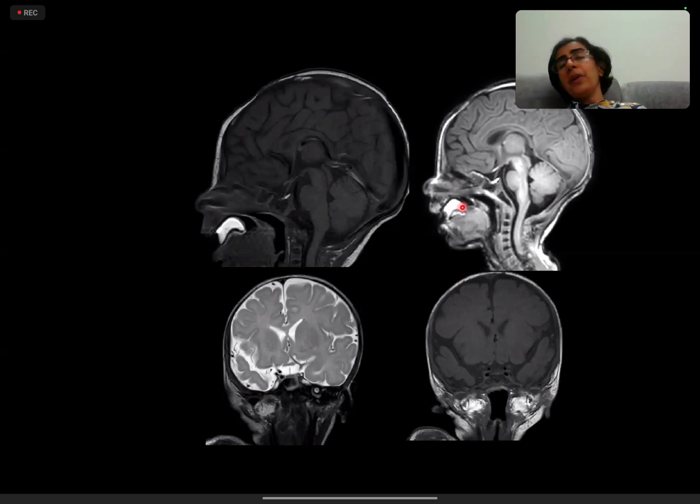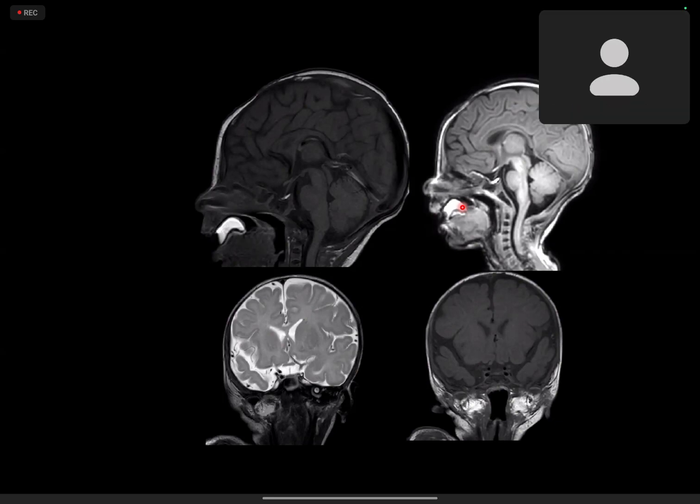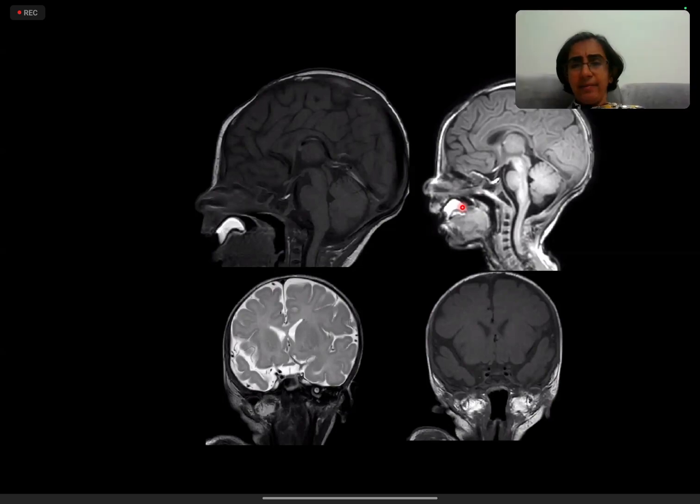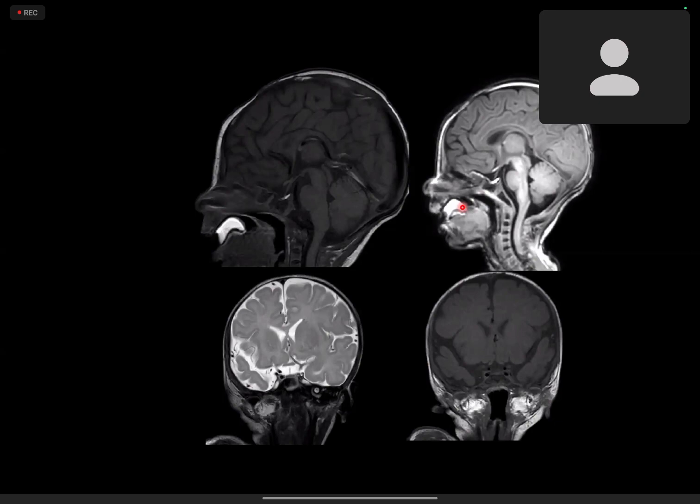So this is a pituitary lecture, right? So focus on the pituitary. And the pituitary gland is decreased in size. I won't say decreased, it's hypoplastic. And also the cochlea appears prominent on the left.